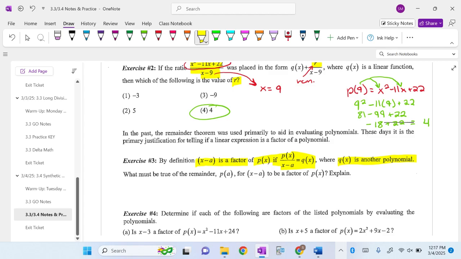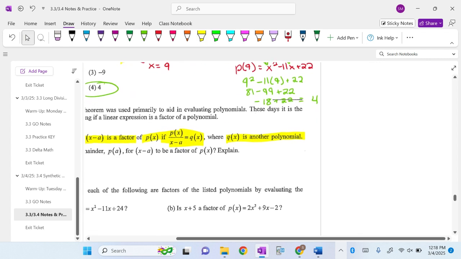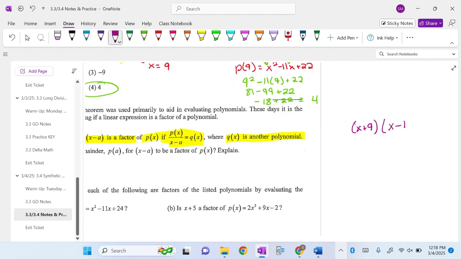Now, let me ask you guys this. Whenever you were factoring, did you ever see something weird like minus 4 over x minus 9 in your final answer? Are you sure? Have you ever seen anything like x plus 9 times x minus 1 plus 1 over x plus 3? Have you ever seen that in Math 1 or Math 2?